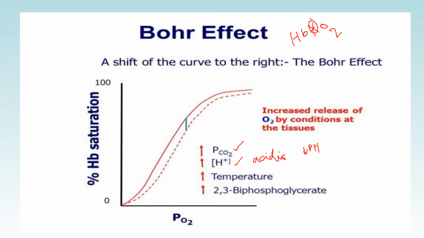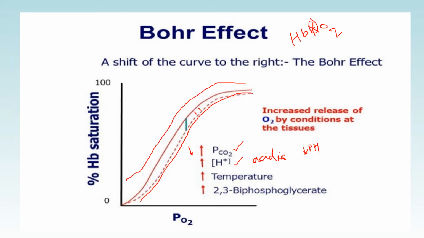Here there will be dissociation of hemoglobin from oxygen, and the curve usually moves towards the right side.